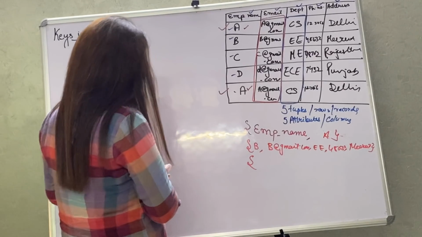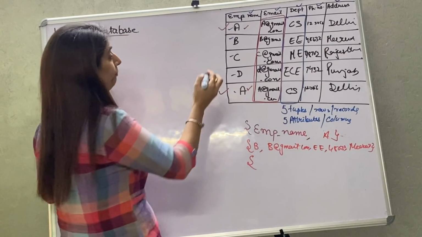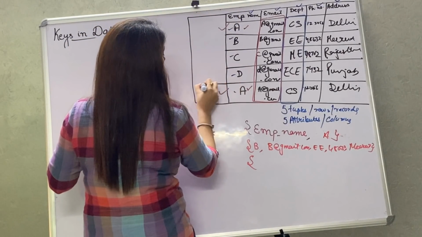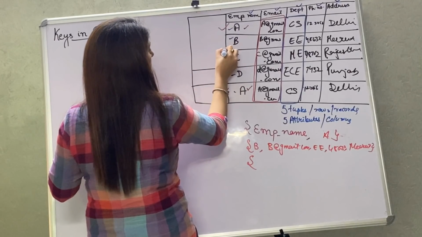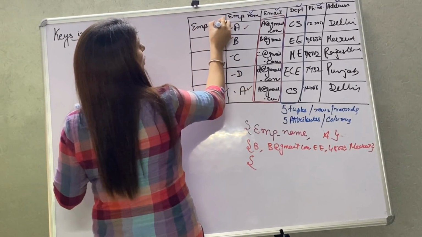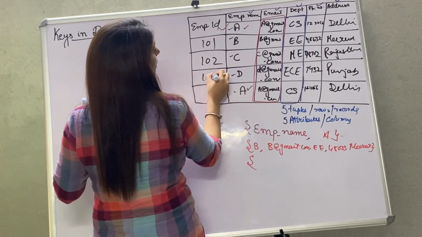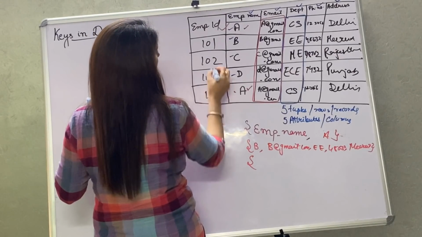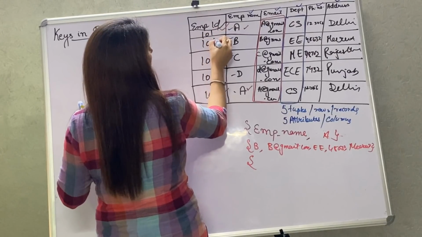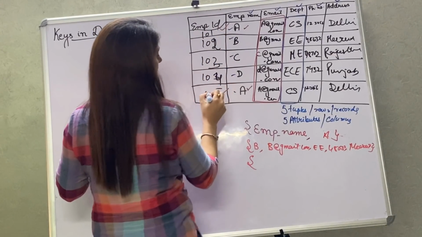So let's make the employee ID one more column. I am writing here 101, 2, 3, 4. Sorry, I missed one. This one, 101, 2, 3, 4 and 5.